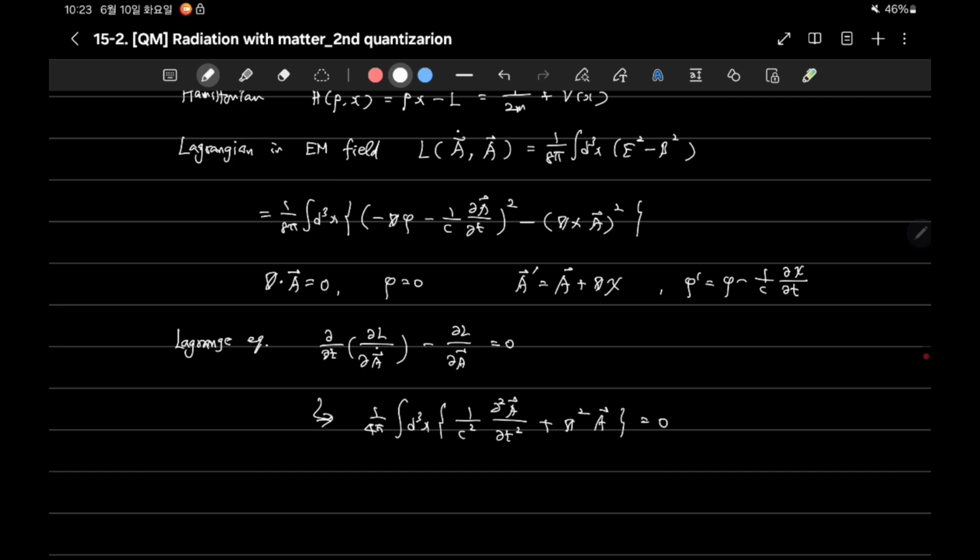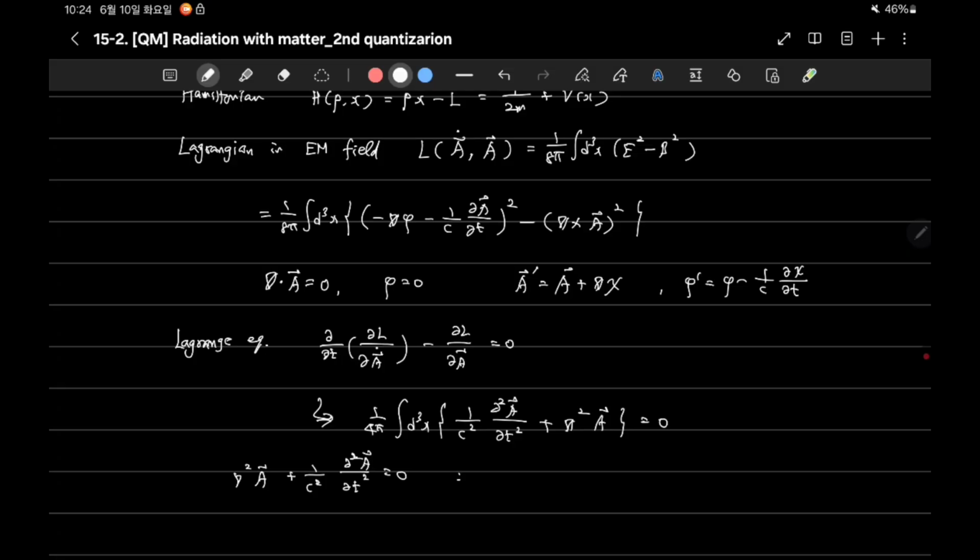So this should be 0, which means Laplacian A plus 1 over c squared partial squared A partial t squared equal to 0.